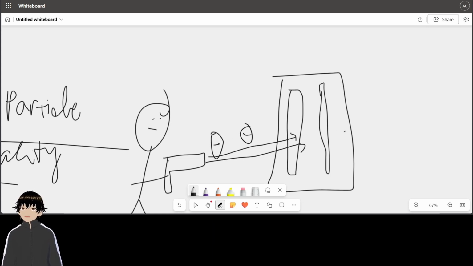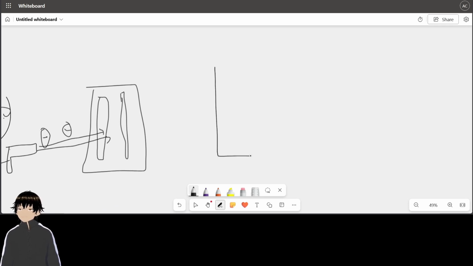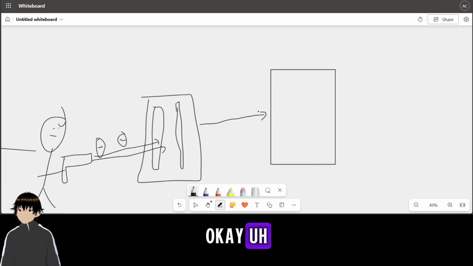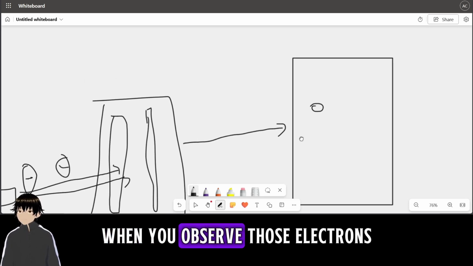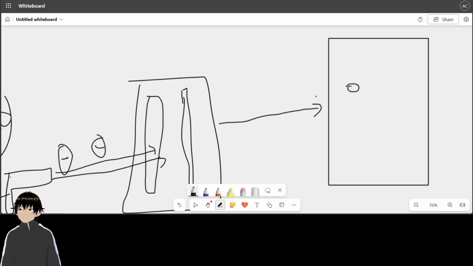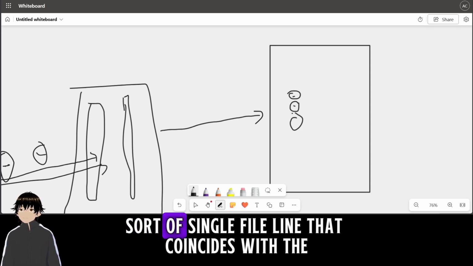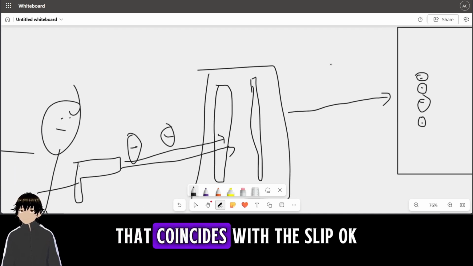They had this black surface again. They noticed that when you observe those electrons, they're basically piling up in a single file line that coincides with the slit.